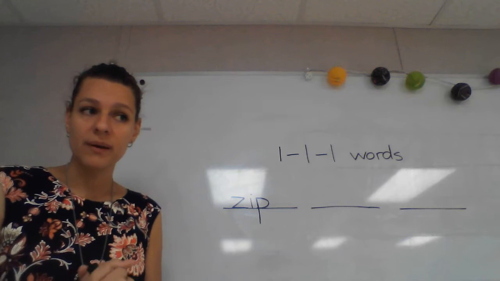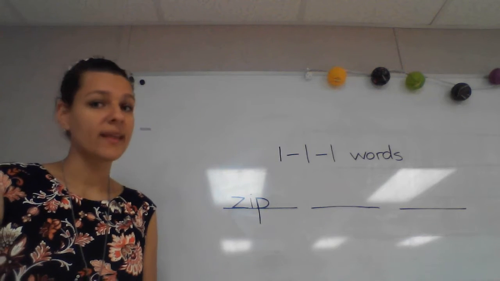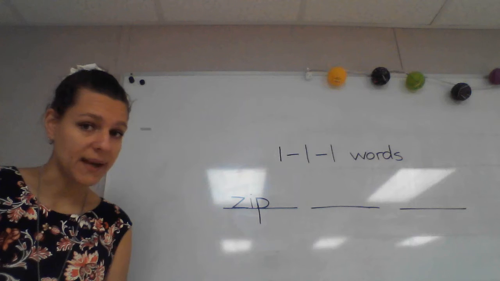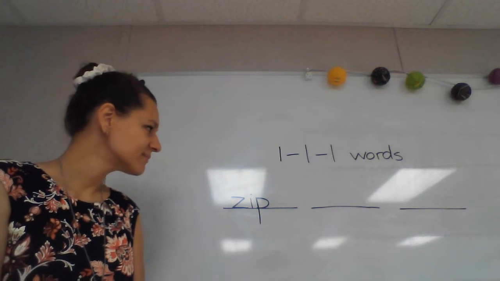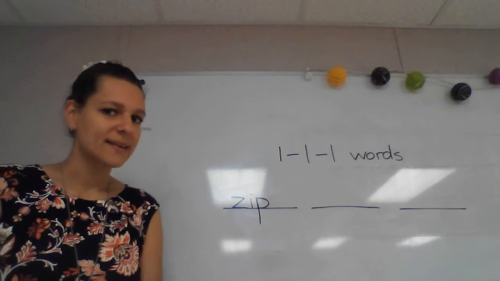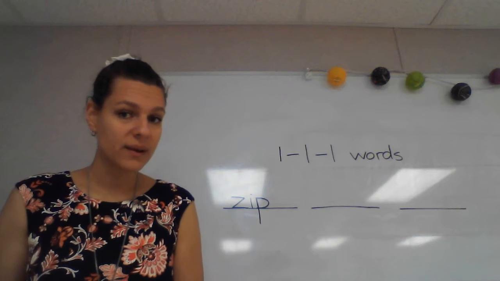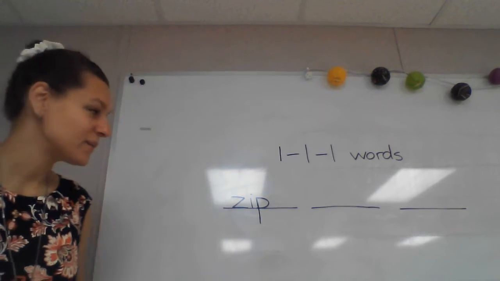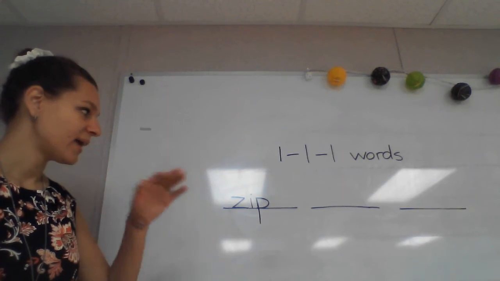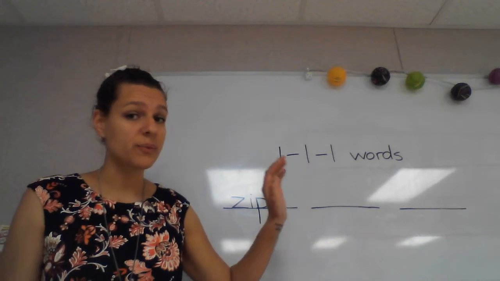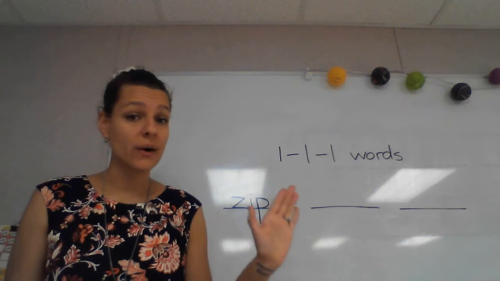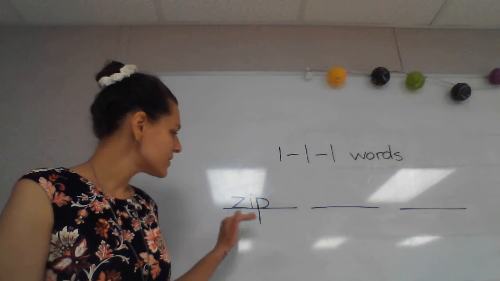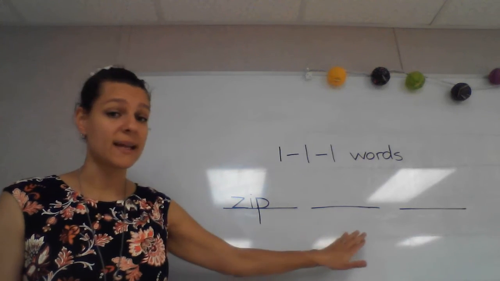I will zip my coat. Class, what part of speech is zip? Good, it's a verb. It's an action. All right. And we talked before about when we add our vowel suffix, e-r, it turns our verb into a noun.